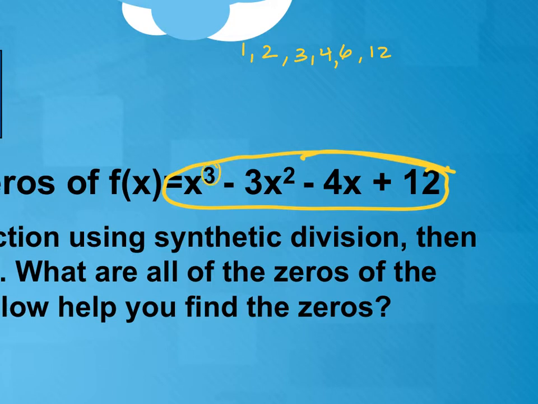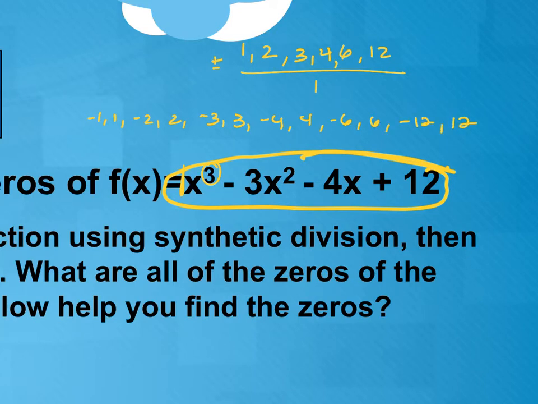What's in front of that is the leading coefficient, which is 1. So that all goes over 1. This is plus and minus all the factors of the last over the factors of the first. So this means that my possible roots are -1, +1, -2, +2, -3, +3, -4, +4, -6, +6, -12, +12.